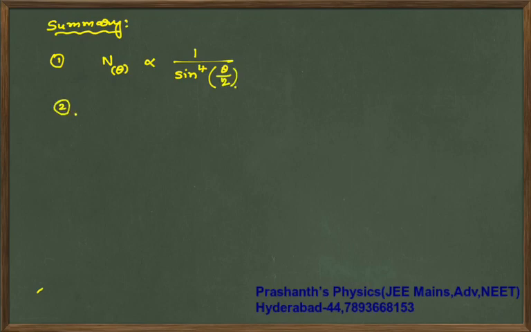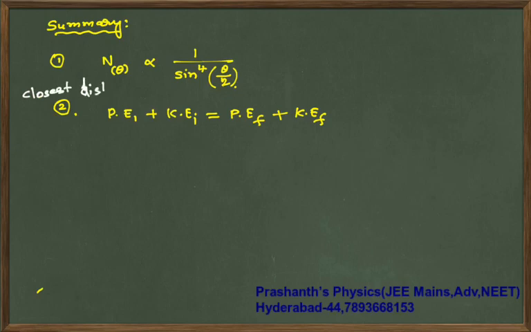Next, your second thing is your P initial plus KE initial, closest distance of approach. You are using this relation, where in closest distance of approach related questions, you can apply conservation of mechanical energy.